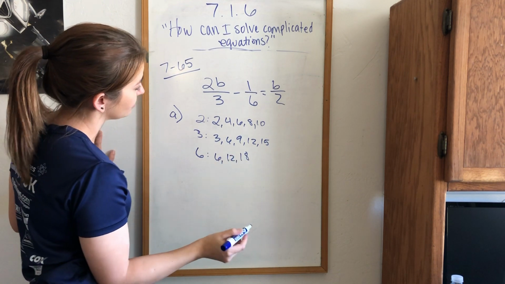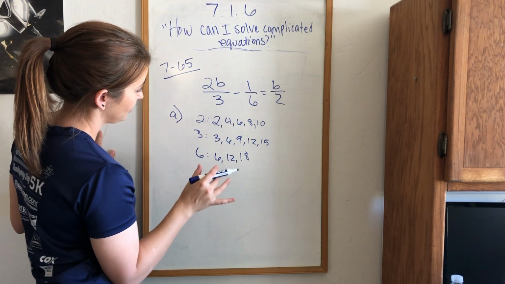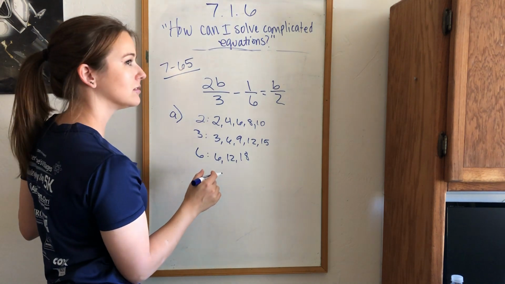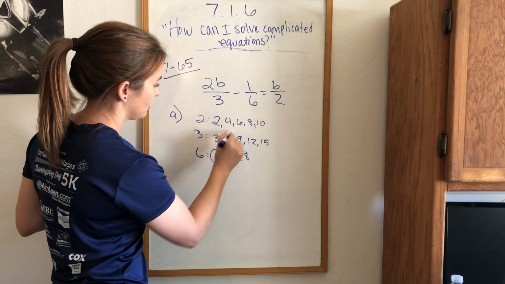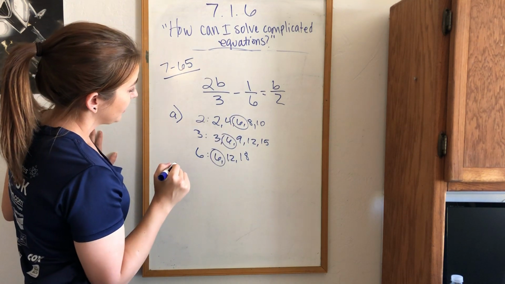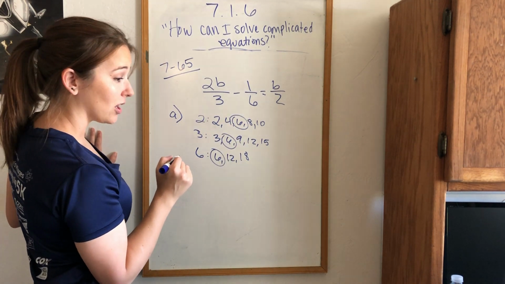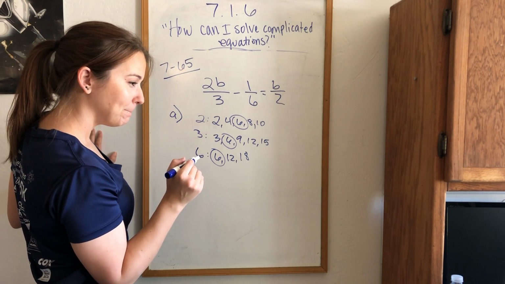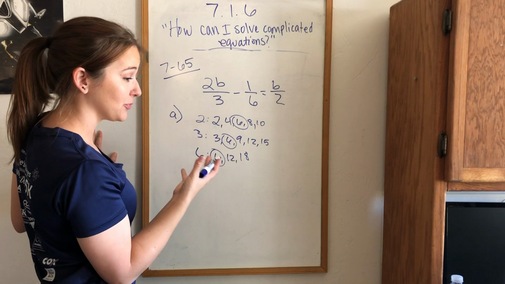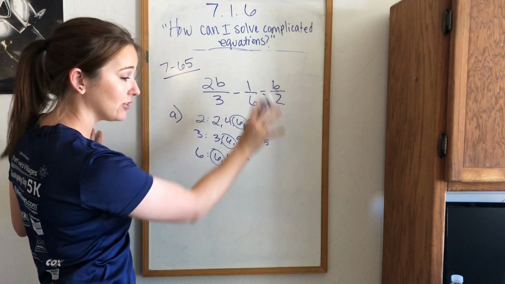So I already see one. The least number that they all share is 6. So that is what we are going to use as our common denominator, and we use it to multiply everything inside the equation.